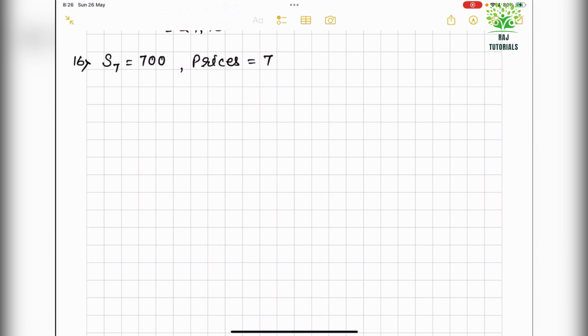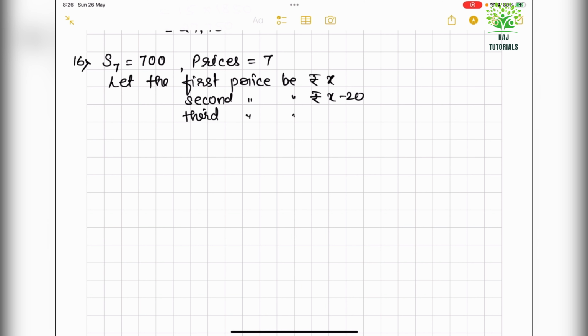If each prize is rupees 20 less than its preceding prize, so let the first prize be rupees x. The second prize will be rupees x minus 20. The third prize will be rupees x minus 40. So like this it will go.